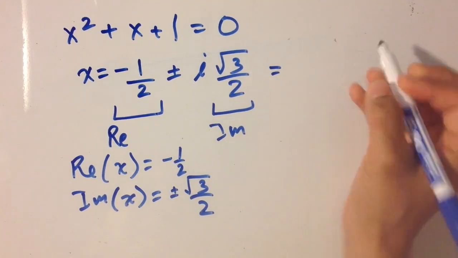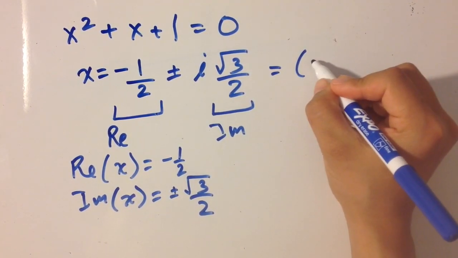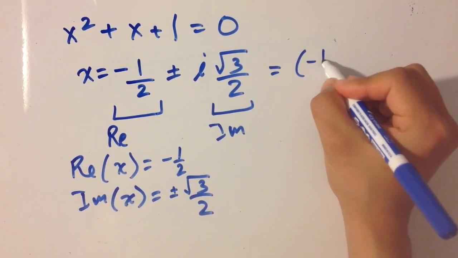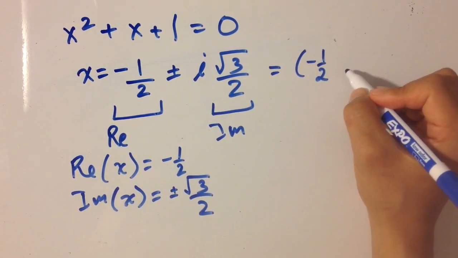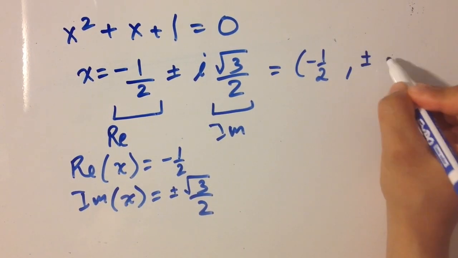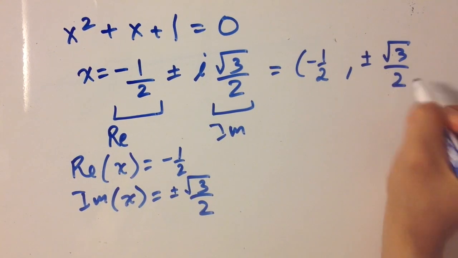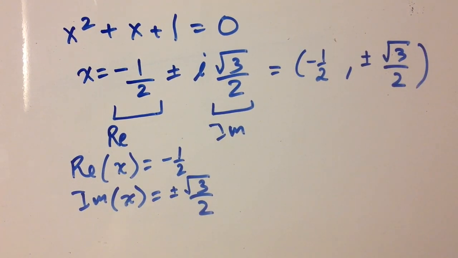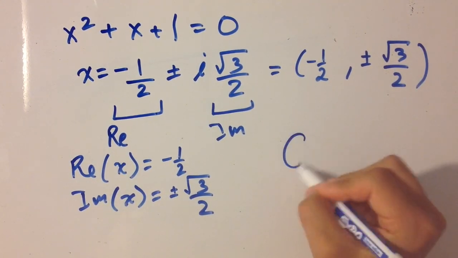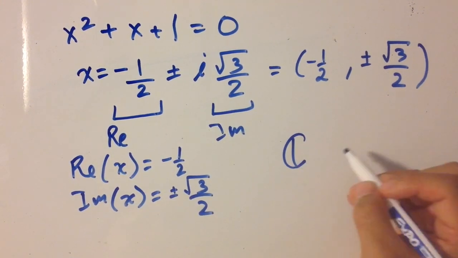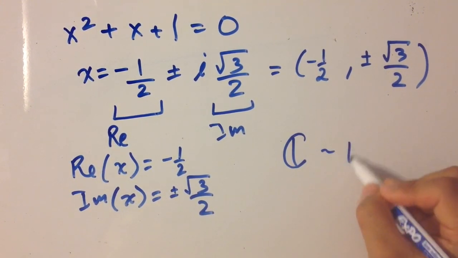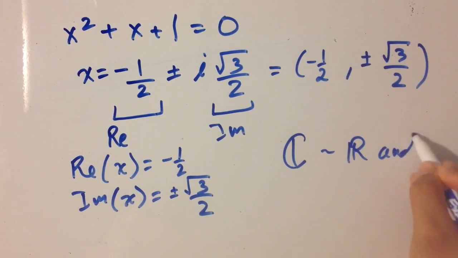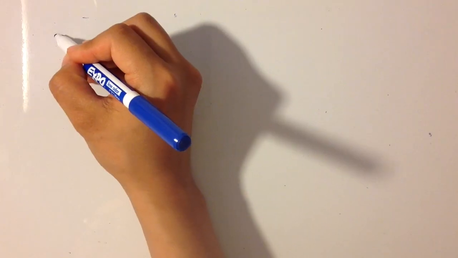Alternatively, we can write x as an ordered pair, where the first number is the real part and the second number is the imaginary part. You can define the complex numbers as a combination of real numbers and the imaginary number.